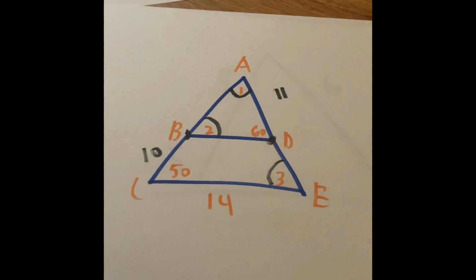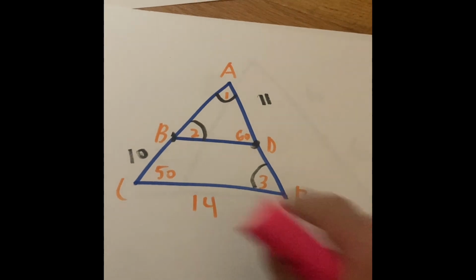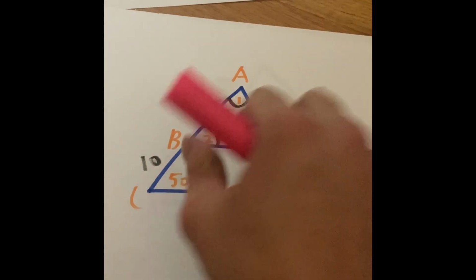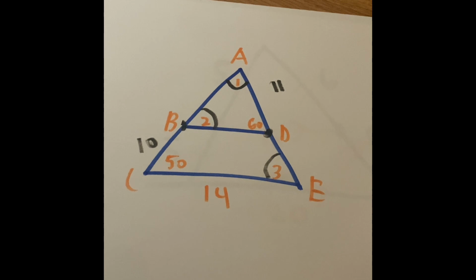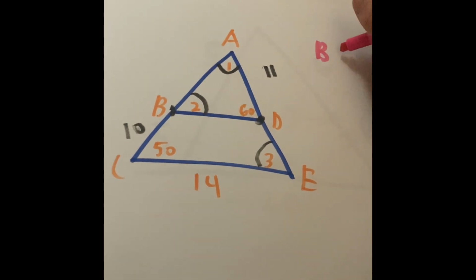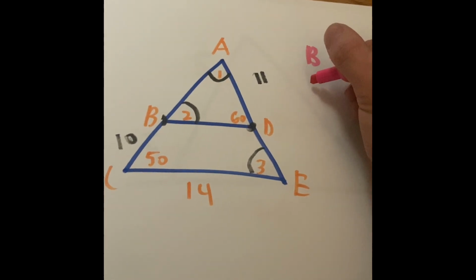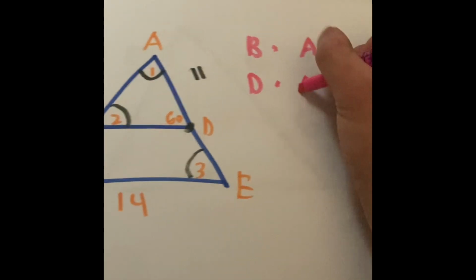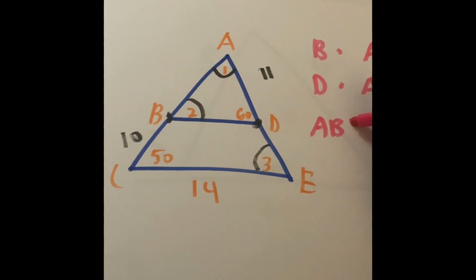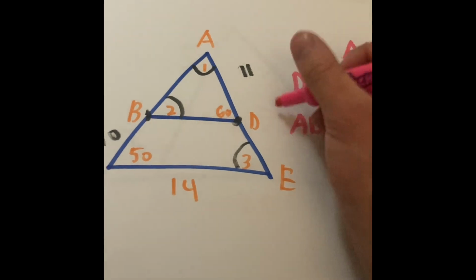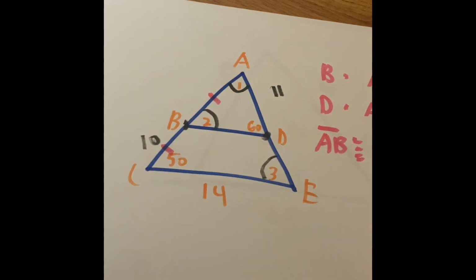So in this case scenario, we have to find angles and lengths. The first thing that we can find easily is to say that B and D are going to be midpoints of A and C and A and E. So we're going to say that B is a midpoint of A and C. And we're also going to say that D is a midpoint of A and E. And that also says that AB is going to be congruent to BC, because 2 midpoints can bring you 2 congruent segments.